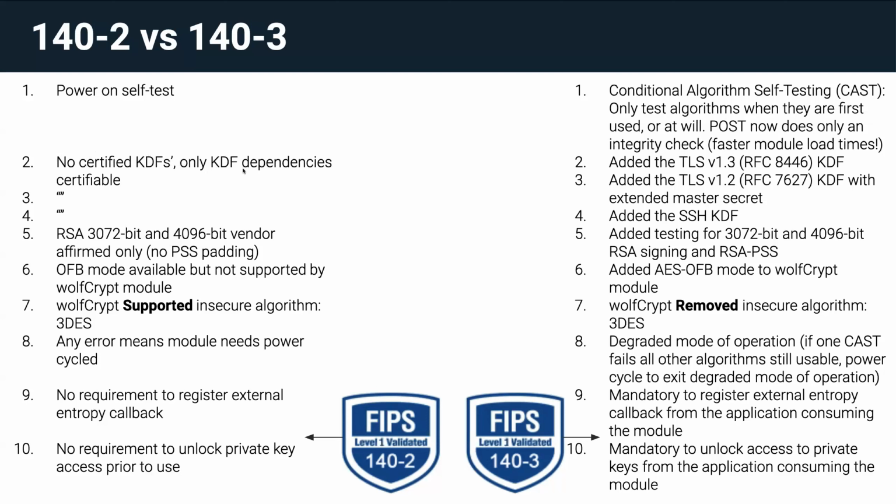And before, we could only certify the dependencies the KDFs depended on. So that's a good thing. With RSA, there was no testing for 3072-bit and 4096-bit, again, until the very, very near the end of the life of the 140-2 program. These did become available, but now we can test those, again, out of the gate.